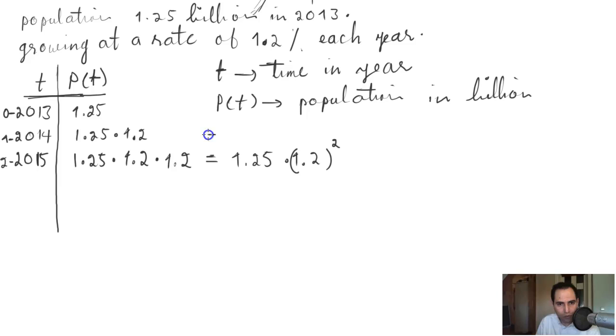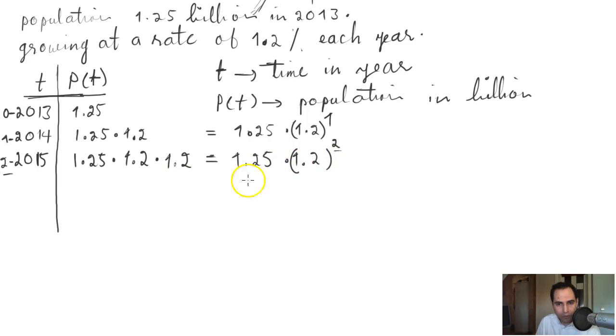Here you can write this as 1.25 times 1.2 raised to the first power. And so you can see this 2 over here and this 2 over here.